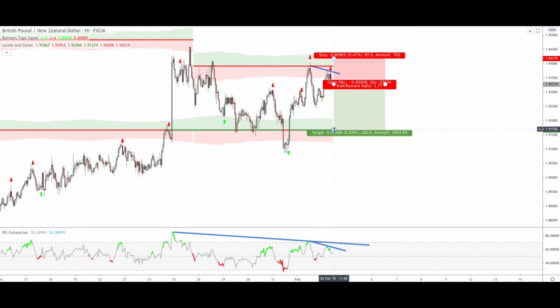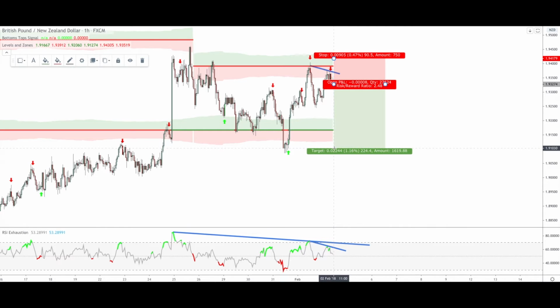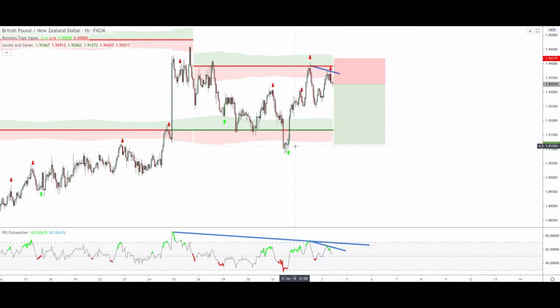However, if you want to be a bit more on the aggressive side, you can go a bit lower, approximately at this level here, because we have some minor structure here. So as you can see, we have some structure here, some structure here, and some structure here. So let me draw a line for you.